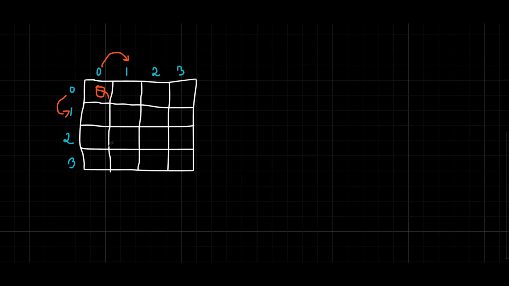Now, in the third condition, we have to ensure that we do not place any queen in the same positive diagonal. So how can we do that? There is a simple way to check the positive diagonal. Suppose this is our positive diagonal. For this positive diagonal, we have to check the value of row plus column.